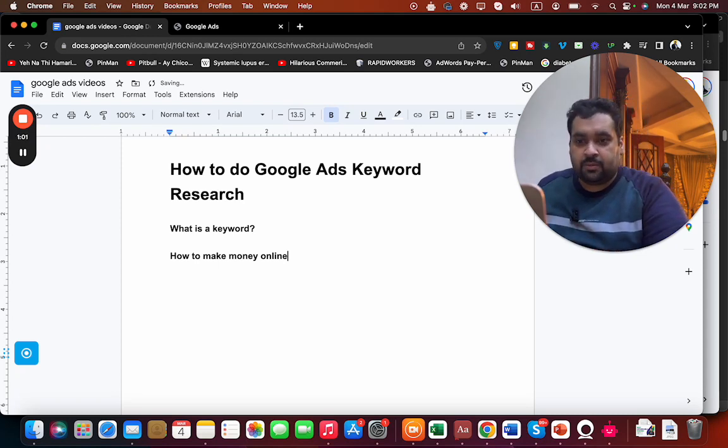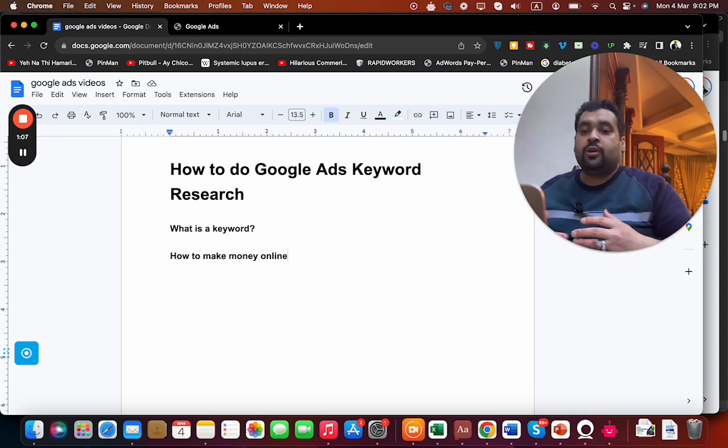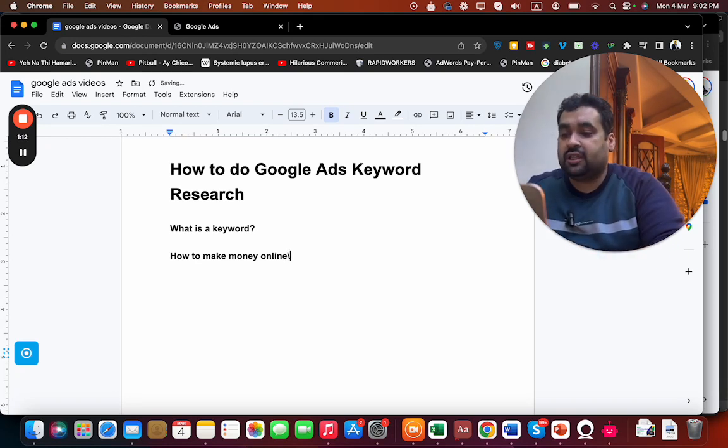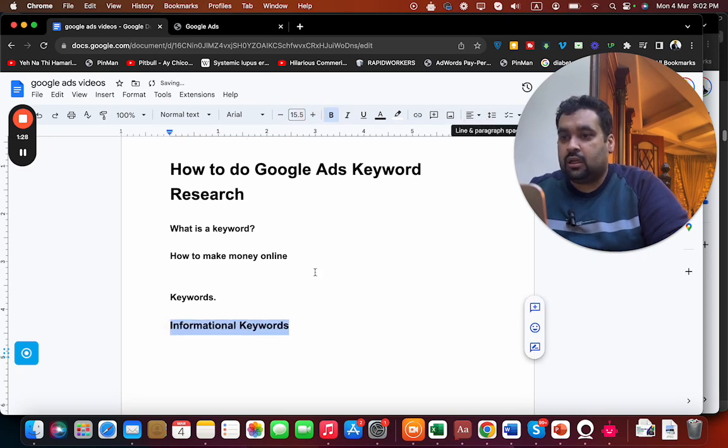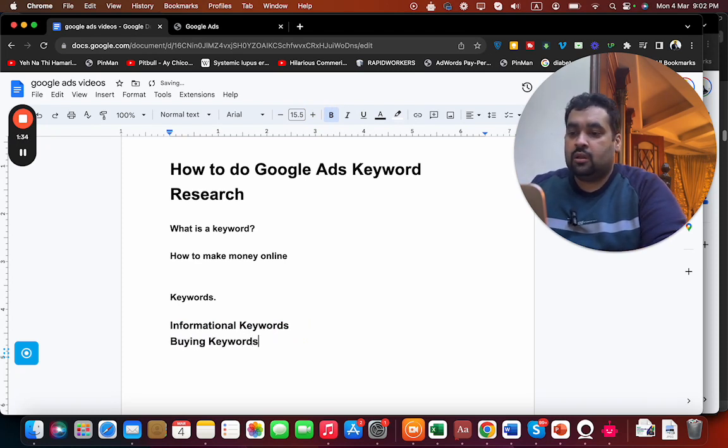Keywords can be of various types. Before I move further, what are the keyword categories on Google Ads? I wanted to inform you that there are a few general categories of keywords which everyone should be aware of. Keywords can first be divided into categories: informational keywords, buying keywords, awareness keywords, comparison keywords.